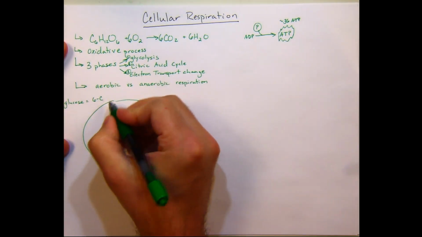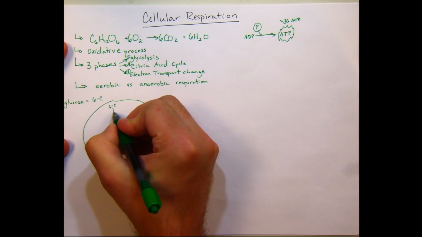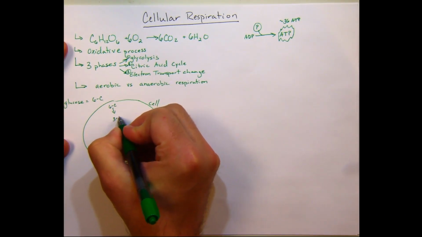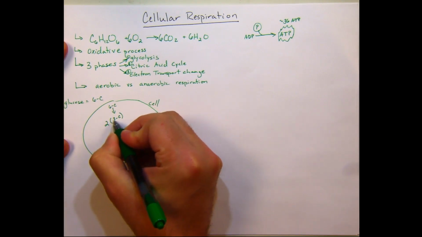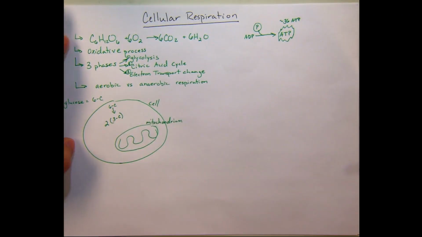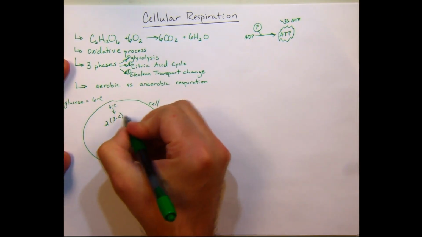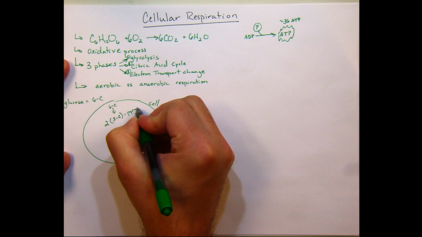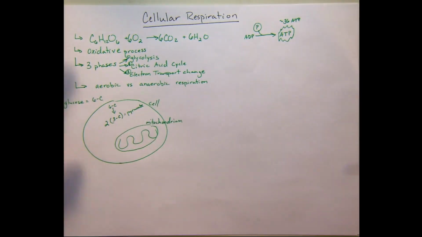By a series of reactions, it will break down to 2 3-carbon molecules. These 2 3-carbon molecules are pyruvates, maybe referred to as pyruvic acid. It's okay.